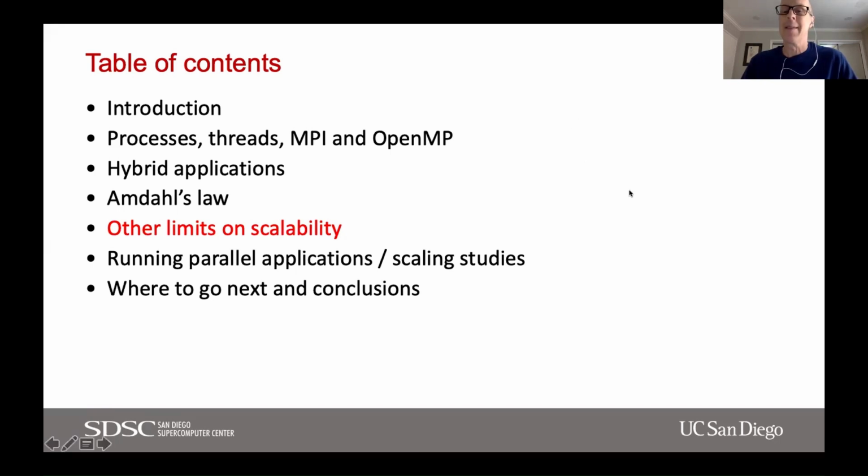There's a question about whether cores and threads are the same. Marianne, I addressed that one earlier. Sorry about that. No problem. A core, as I mentioned, is a hardware concept, whereas a thread is a programming construct.